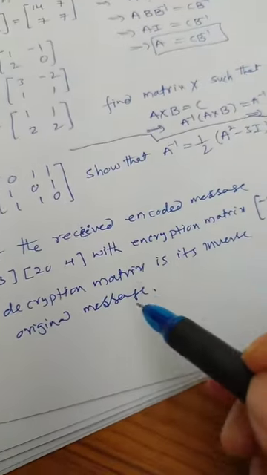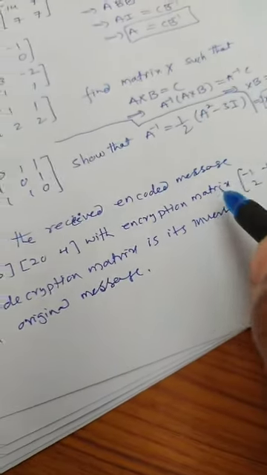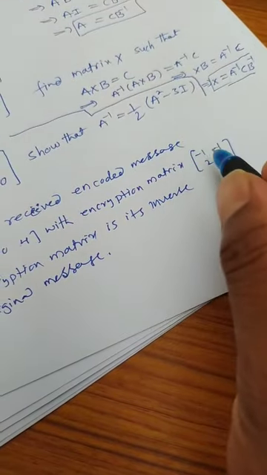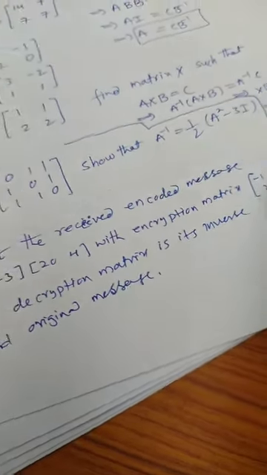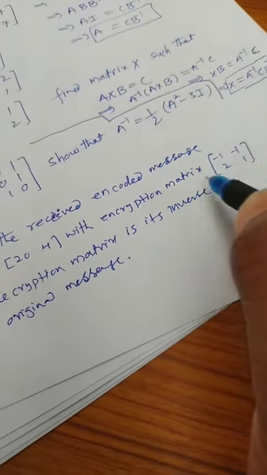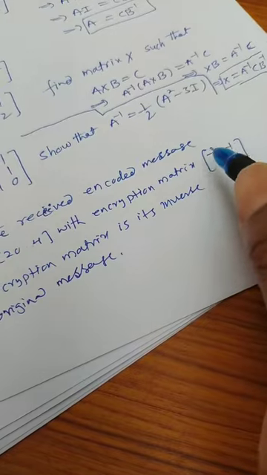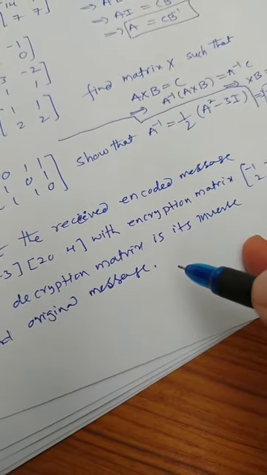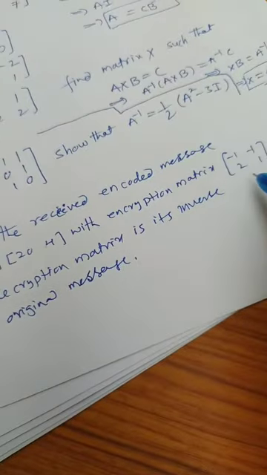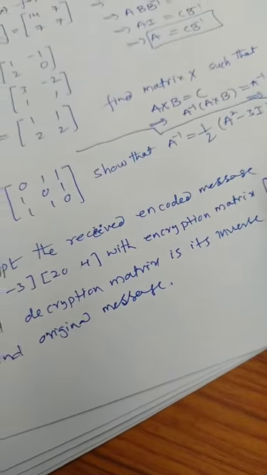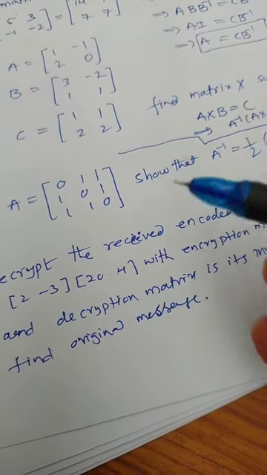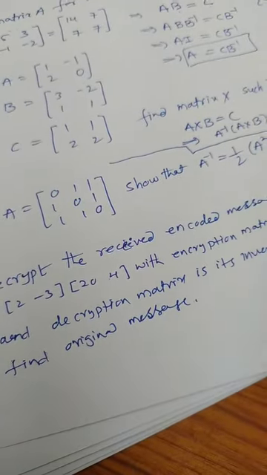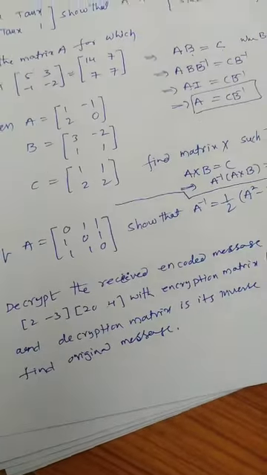For that, we post multiply with the inverse of this non-zero matrix. Take the first row and post multiply with the inverse of this matrix, then you will get one row matrix. Again take the next row matrix, multiply with the inverse of this matrix, and you will get another row matrix. Then assign the letters to the numbers, and automatically you will get the original message.